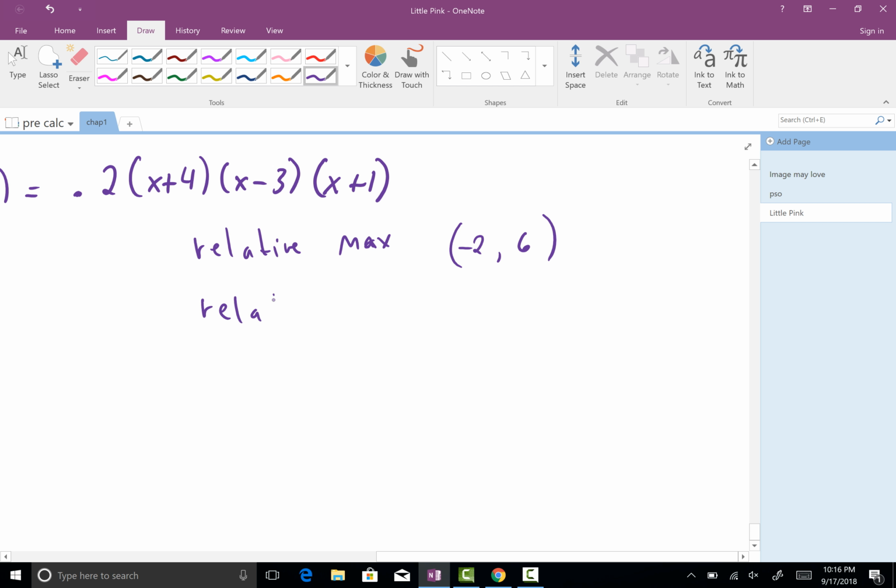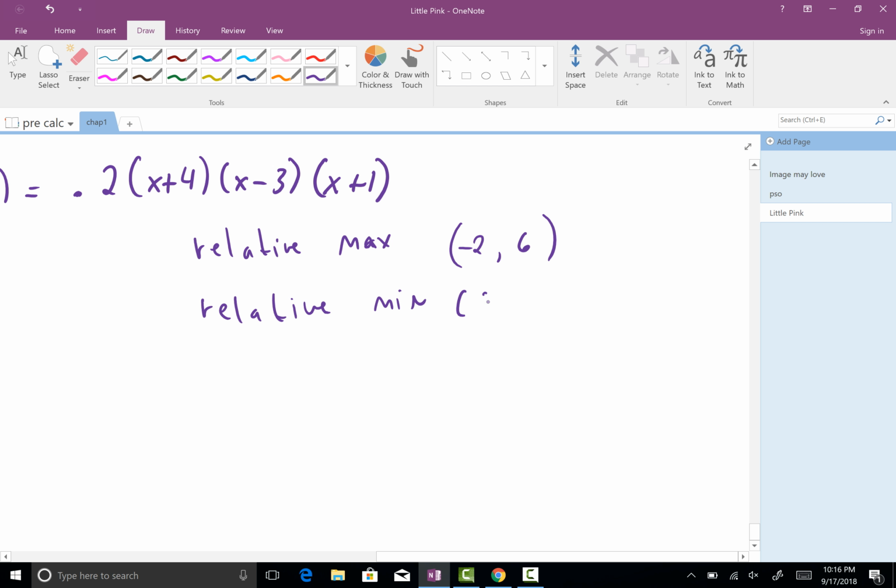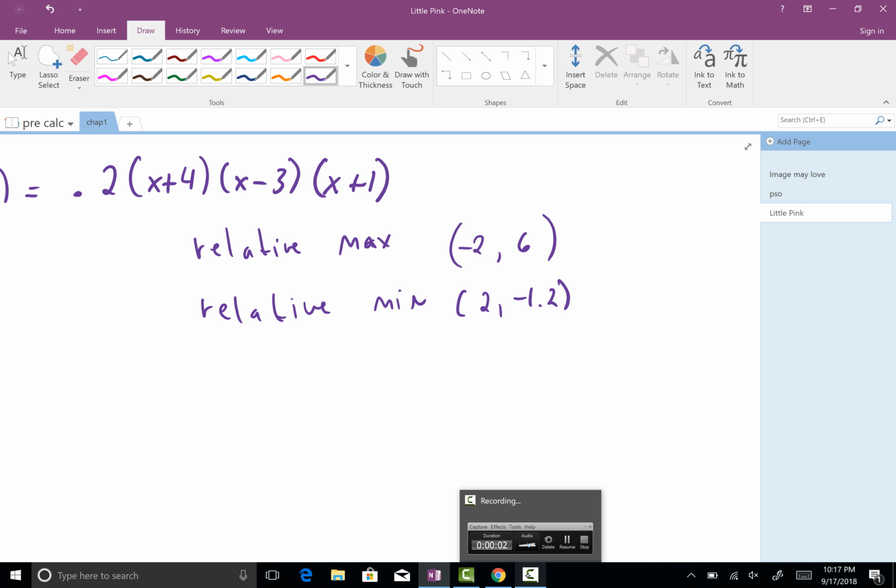Okay, then we have a relative minimum, 2 and -1.2, I think it was. So, those are our relative mins and maxes. All right, so that one doesn't have an absolute. Okay, so let's try one that does. So I'm going to give you one here in a second that will have one. Okay, so here we go.